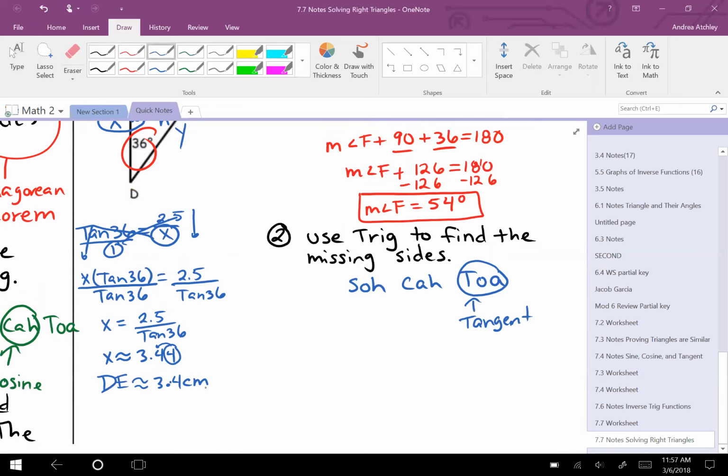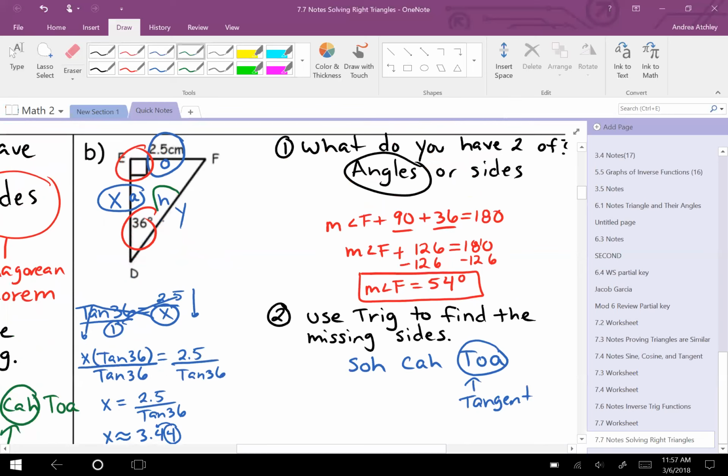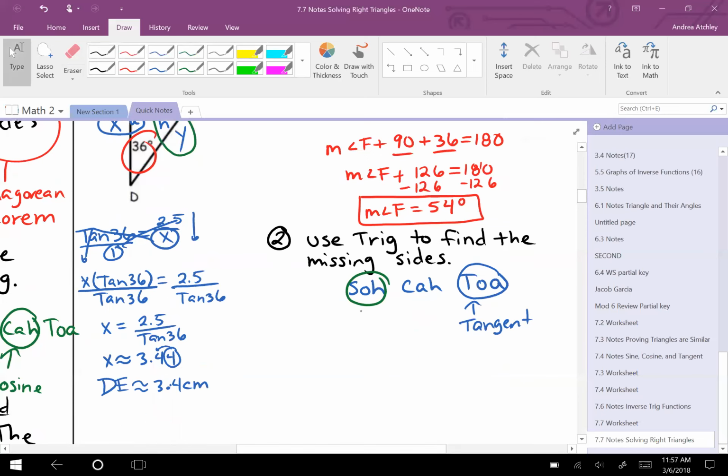Okay, now we're going to find the other one. We have to find Y now. So I'm going to use the hypotenuse this time. And I'm still going to use the opposite 2.5 because that's the number I was given already. Celeste, what trig function am I going to use? Very good. The O and the H is sine.